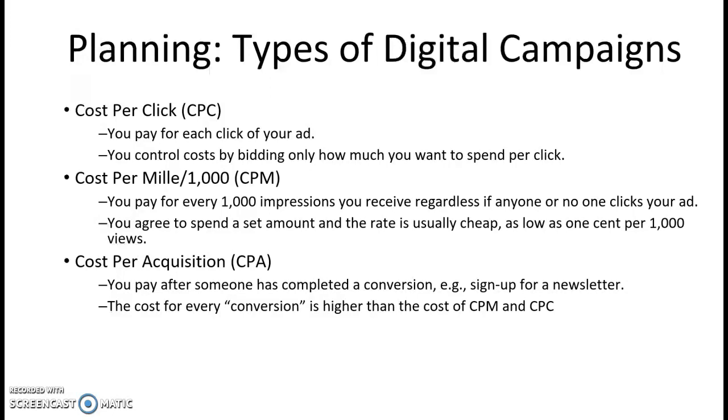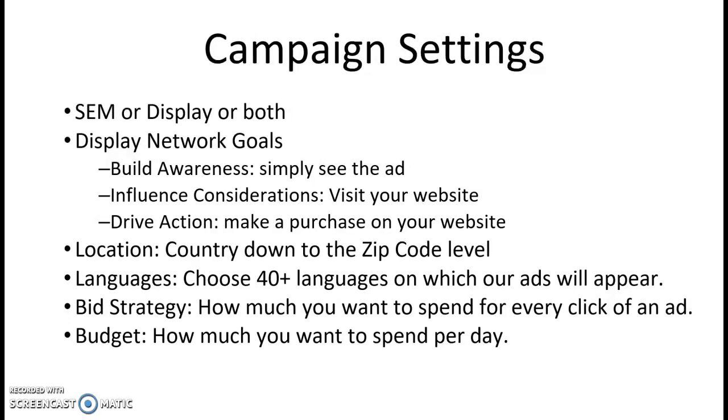So we talked about certain important metrics and ways of tracking for digital campaigns. We talked about cost per click, cost per 1,000 impressions, and cost per acquisition. We talked about different ways you could do a campaign, as search engine marketing or display.